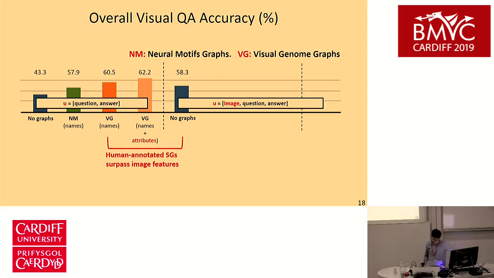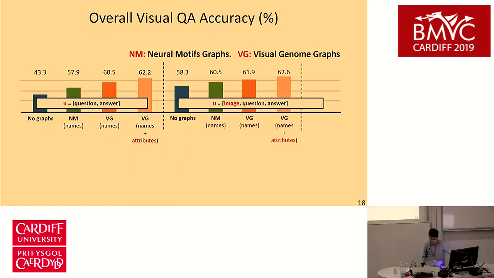So that probably means the scene graph is good enough as an image in the VQA task. But does that mean we don't need the image? We can see the image still helps, with the same trend.